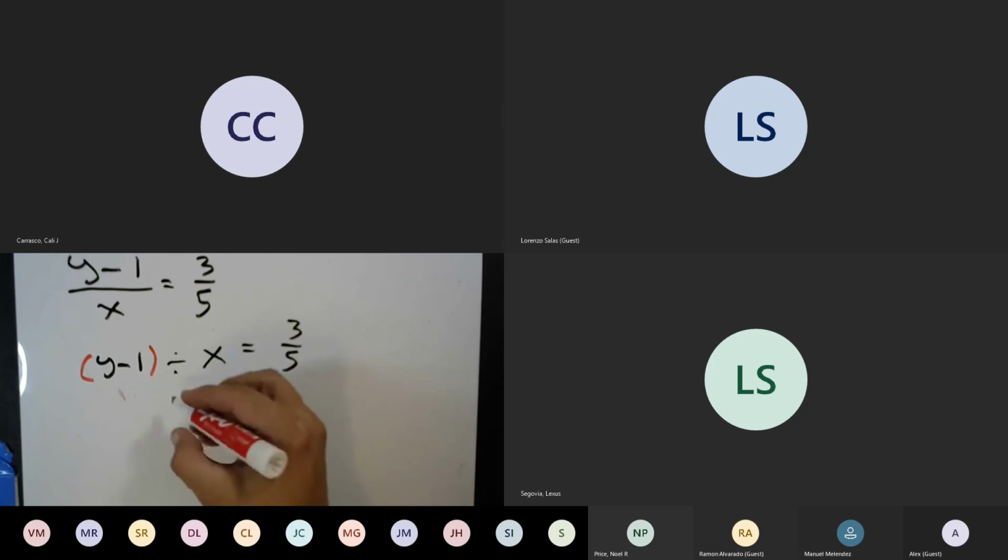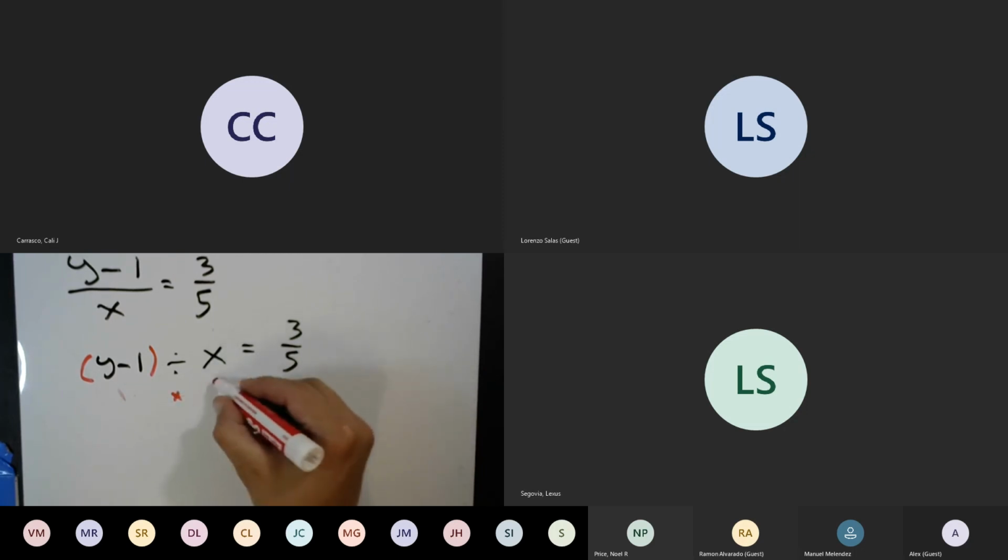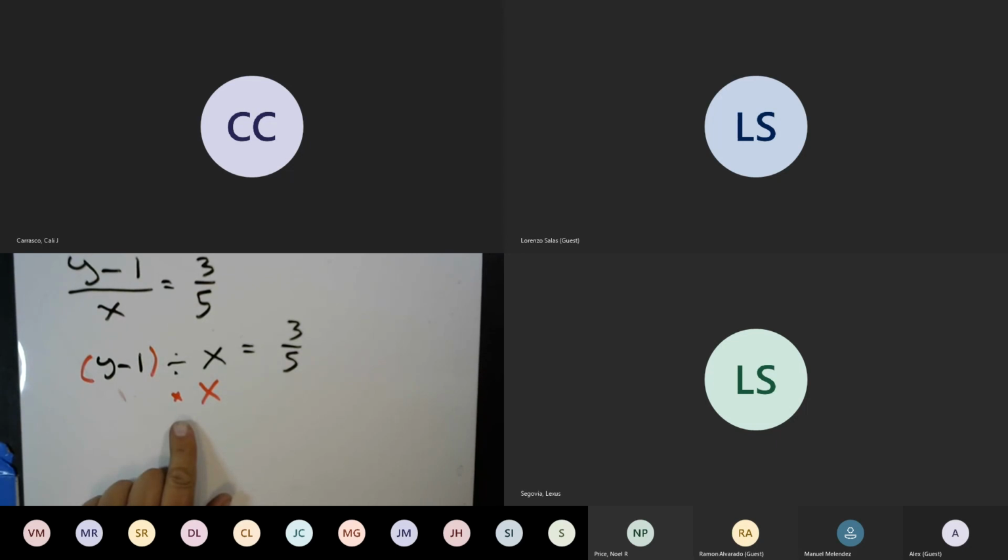So the opposite of division is multiplication. And again, we're going to undo what's outside the parentheses first, and then deal with parentheses last, the opposite of PEMDAS.